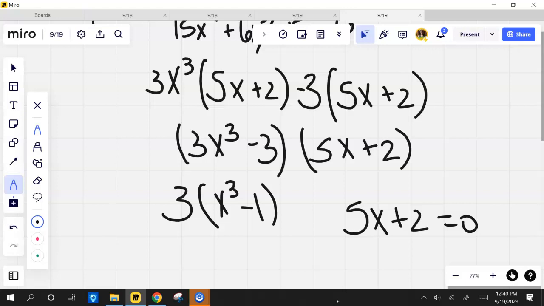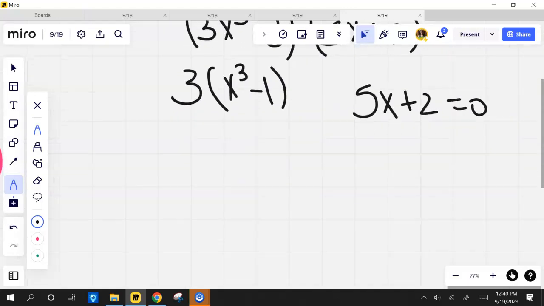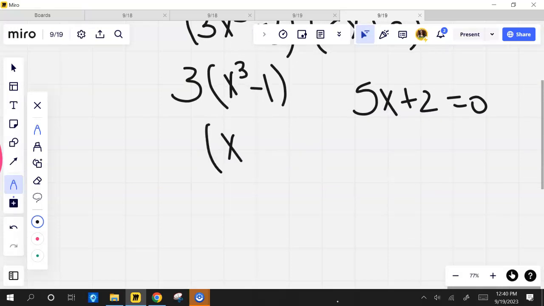It's difference of cubes. So it'd be x. Well, is it plus or plus minus? Yeah. Minus.